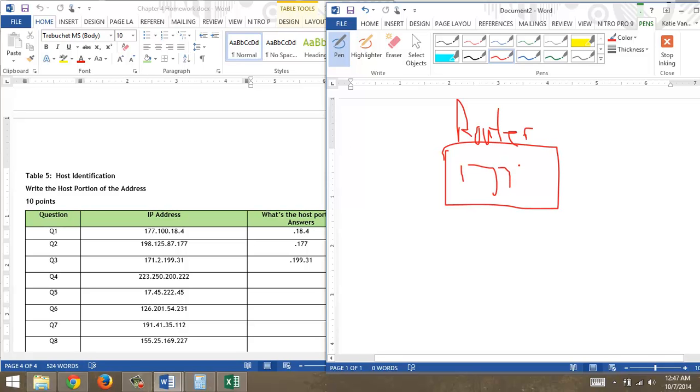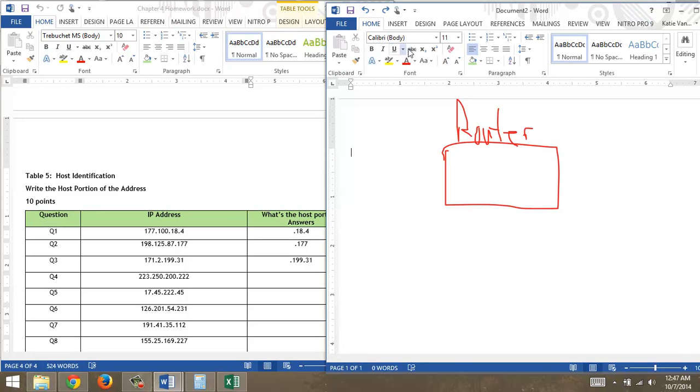Oh, I cannot do that. Let's just try to insert text. It has a network address of 177.100.0.0. So if we're looking at question 1.